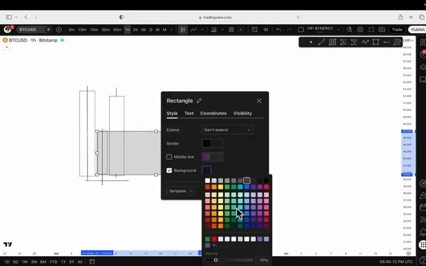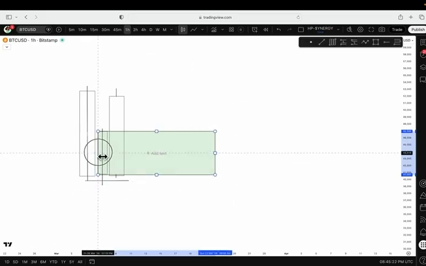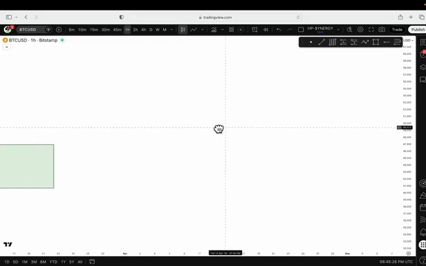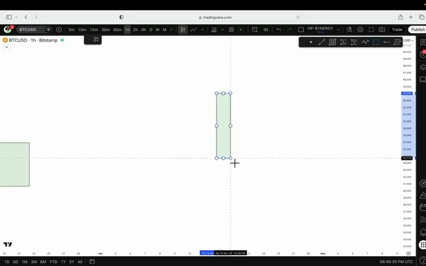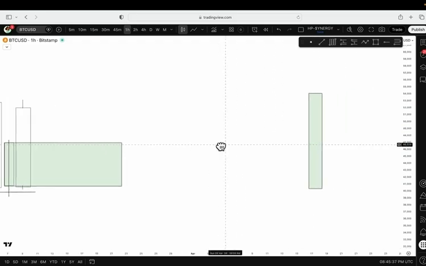Okay, fine. Let's use this one. So this is bullish. Let me draw the bearish a bit far from it. Now the color is looking like that.